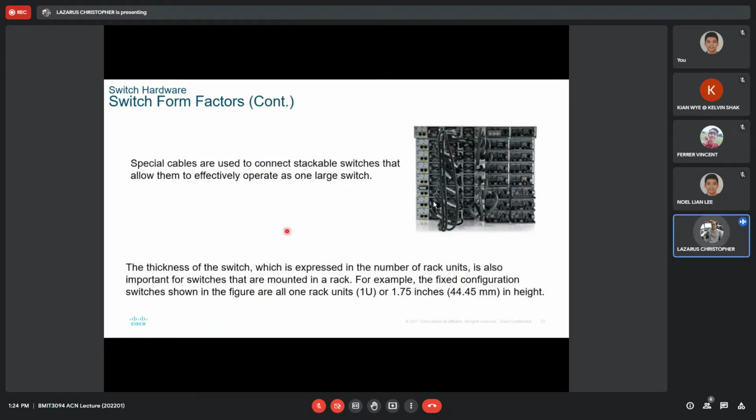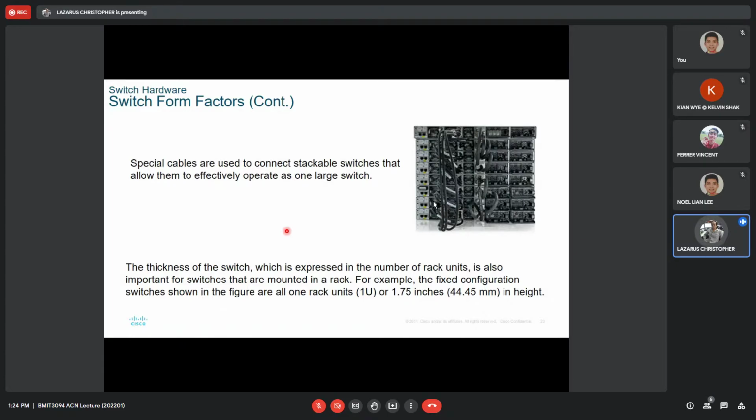Right. So if you purchase the stackable switches, you probably will be able to utilize special cables that you can use to connect those switches so that the switch becomes as if it is one large switch.